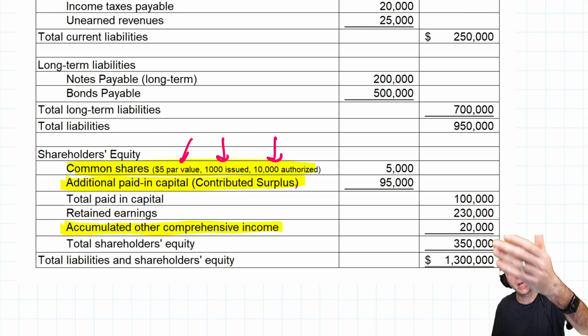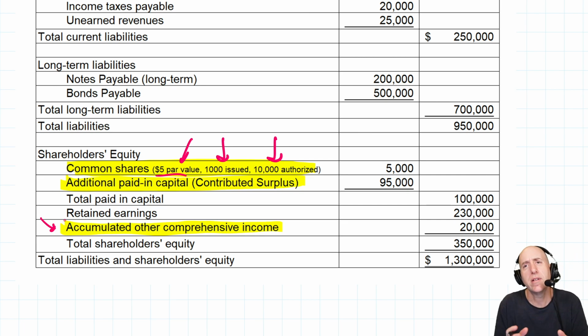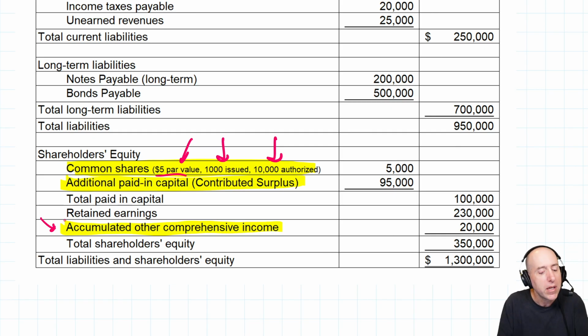That's the amount people have paid above that par value for their shares. And last, there's the account AOCI, accumulated other comprehensive income. I treat it as like a retained earnings for OCI, retained earnings for other comprehensive income, but you'll see that in your shareholders' equity section of your balance sheet.